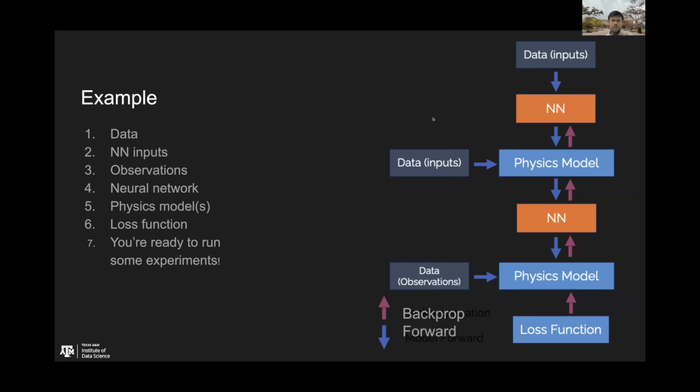As you were explaining, correct me if I'm wrong: the outputs of the physics-based model, any model, are used as an input to the neural network, and then it uses the observations to backtrack and calculate the loss, and sort of update the prediction.